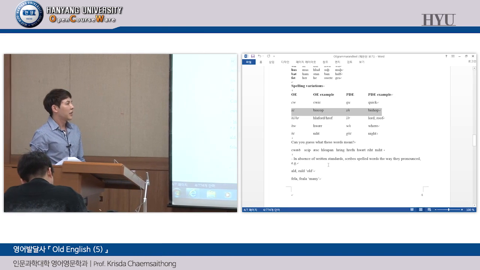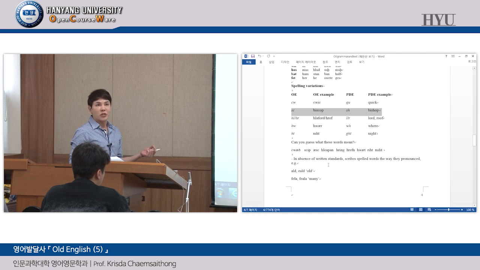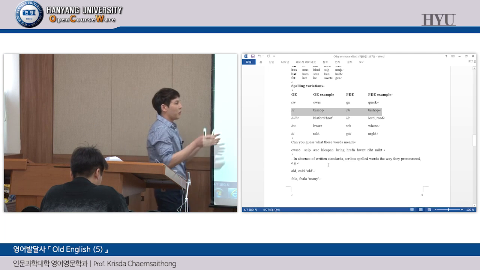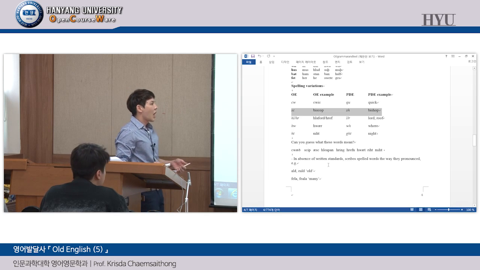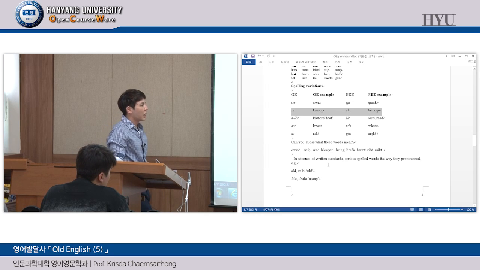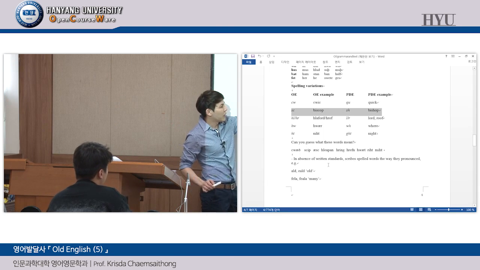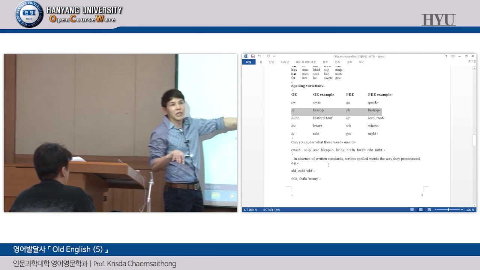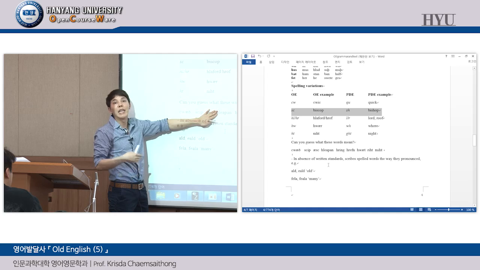Third one, asce, ash, meaning when you burn something, you get ashes. Number 4, hleapan. So H is usually dropped, so you only have leapan, which in modern English, A goes to E, one level above, so it's leap.